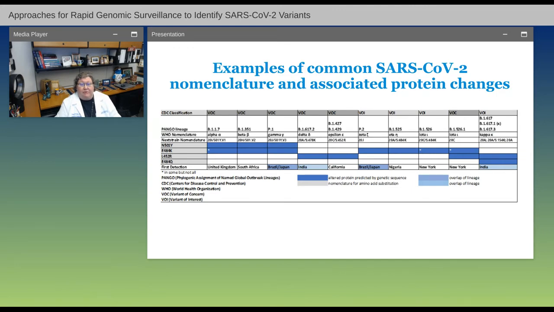So these are examples of the SARS-CoV-2 nomenclature and the associated protein changes or amino acid changes. And then up top, you'll see the abbreviations for variants of concern or variants of interest, the VOI. So the alpha variant, B.1.1.7, originated in the UK. And these are the amino acid changes that you would see in that particular variant.